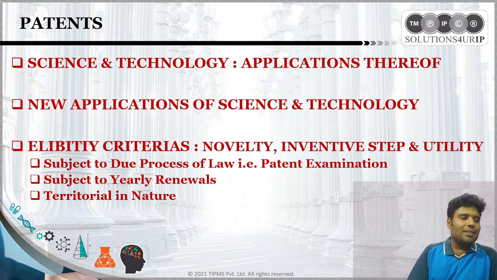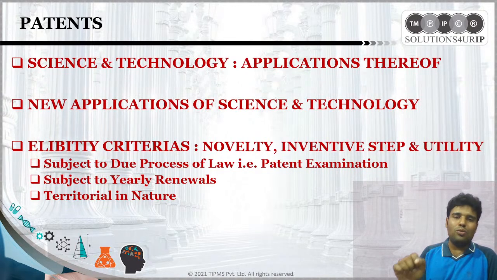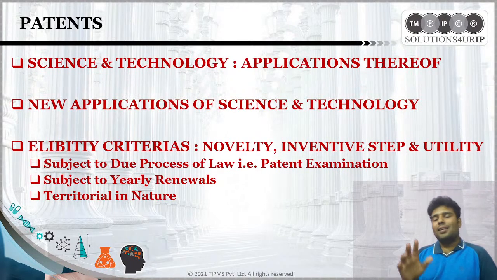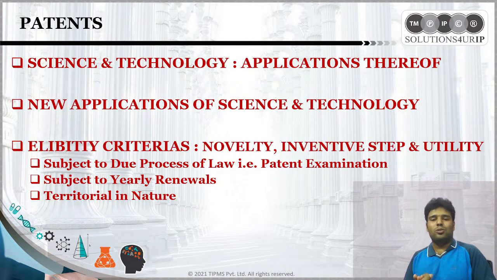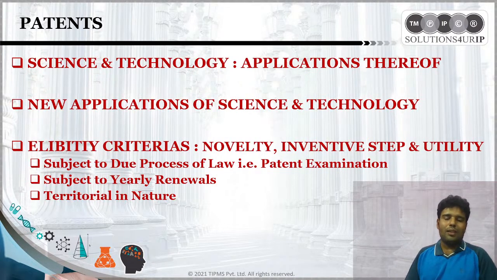The Patents Act, 1970 and the Patents Rules, 2003. Okay, there is a particular different way of writing the rules, to refer to the amendment of those rules in that particular year.